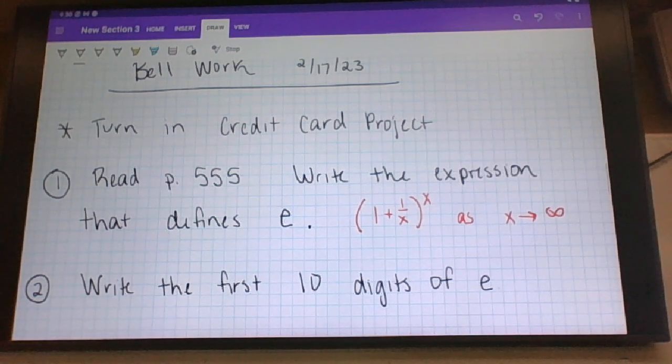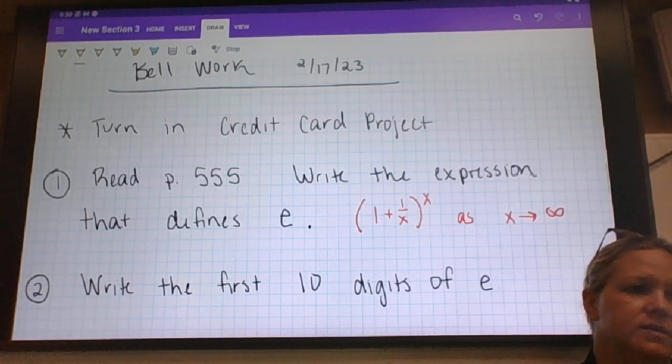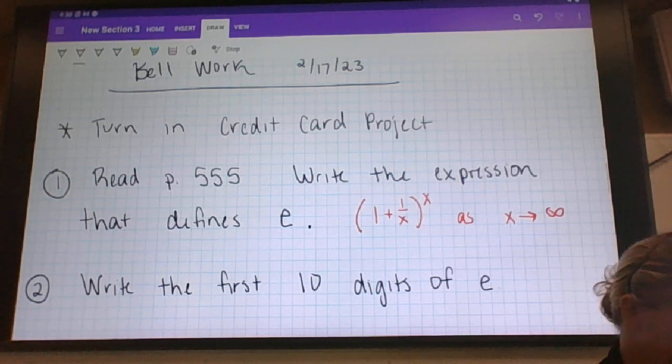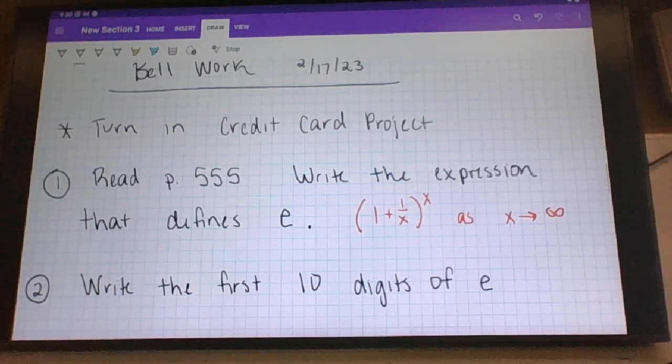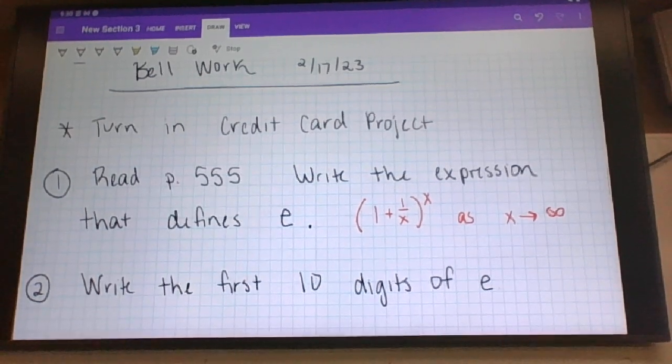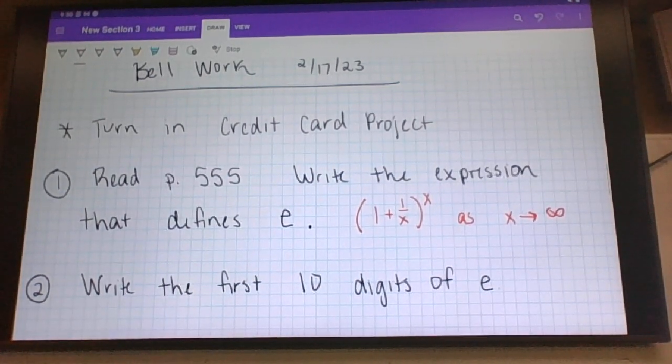There's a button on your calculator that'll show you what e is. Can you find the button? Can you find it's lowercase e? Go ahead and find the button. Wait, what says e to the x?